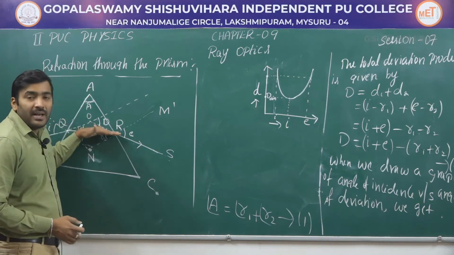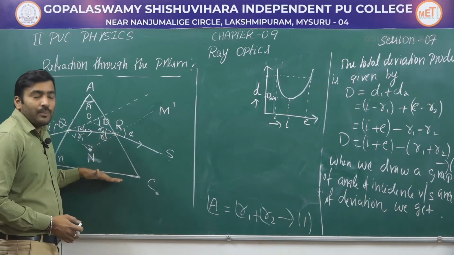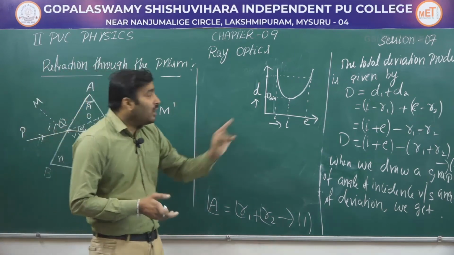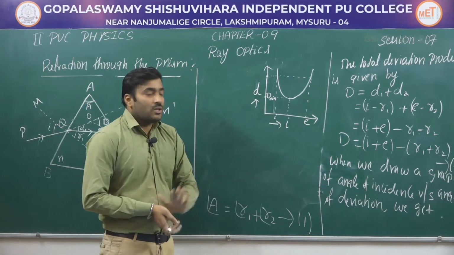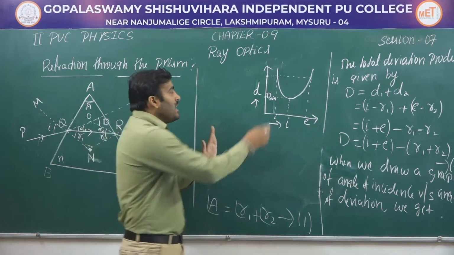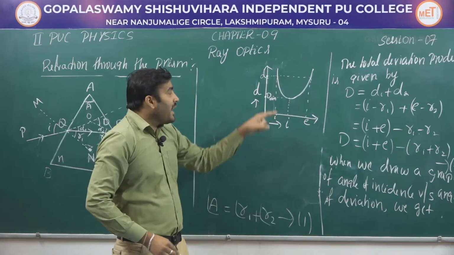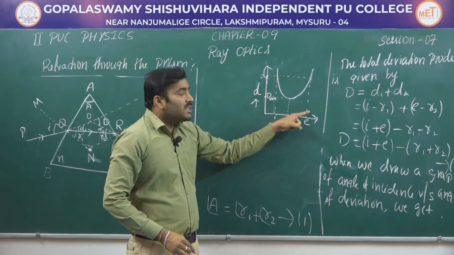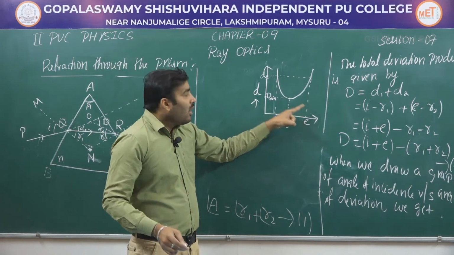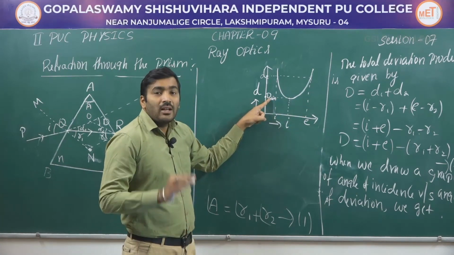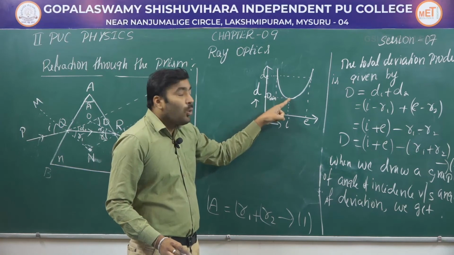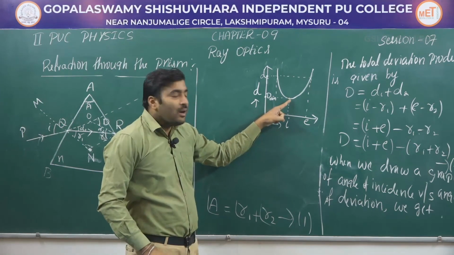So that condition is nothing but the angle of minimum deviation. As you can see in this diagram, for any value of this D, we may get two values for angle of incidence and emergence. But at the minimum deviation, we get only one value for angle of incidence.